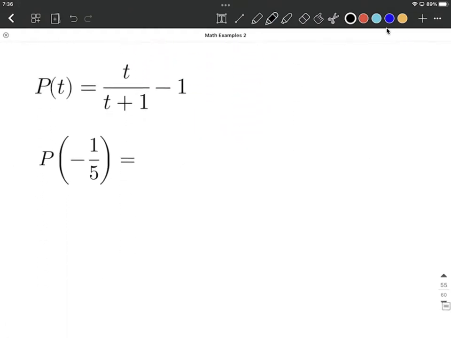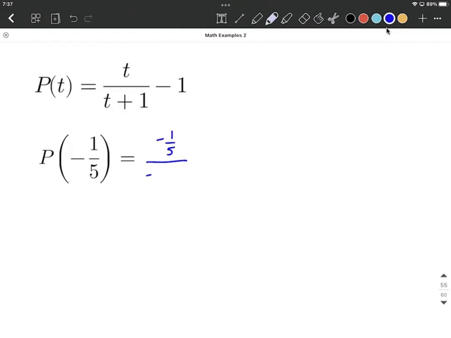Finally, I've brought down the exact same function, but we're going to try to evaluate this at -1/5. So kind of the same process. We're going to replace each of the t's with -1/5. Next, I'm going to go ahead and try to get a common denominator in our big denominator at the very bottom.